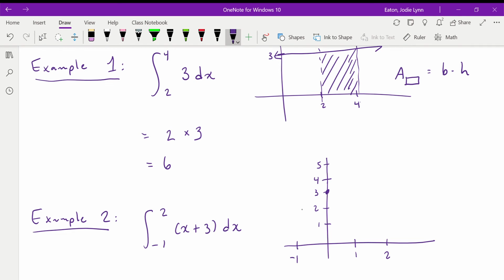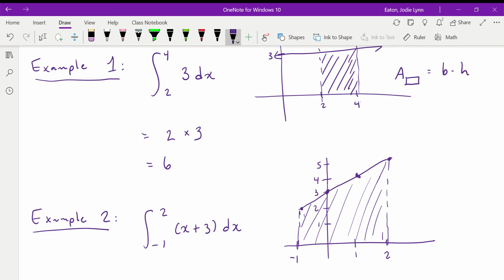So this is -1, comma 2, 0, comma 3, 1, comma 4, and 2, comma 5. And so when we draw this line in, we can see that we have a trapezoid here. You may not have seen a trapezoid in a while, but this is the area that we are trying to find. Okay. So a trapezoid, we have two parallel bases.